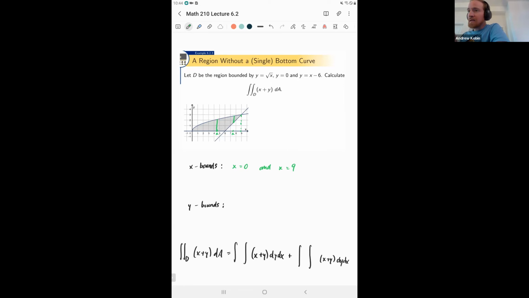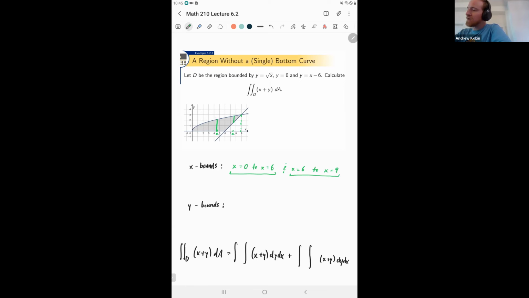So because the y value ranges depend on where you are in the x region, I'm actually going to split up my x region into two pieces and consider these separately. So this is a trick you should use in general.